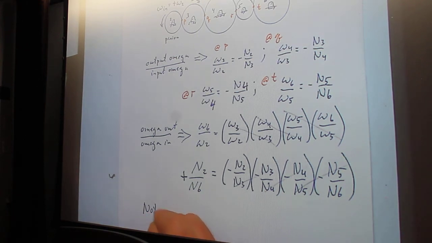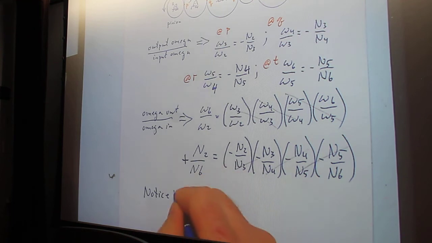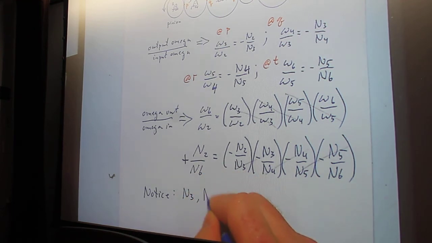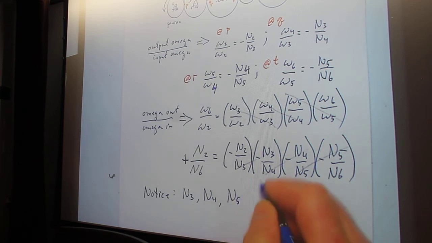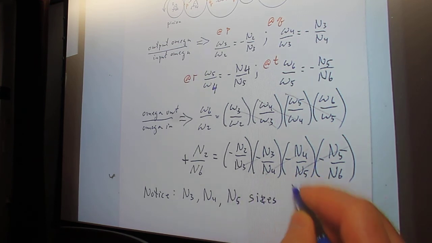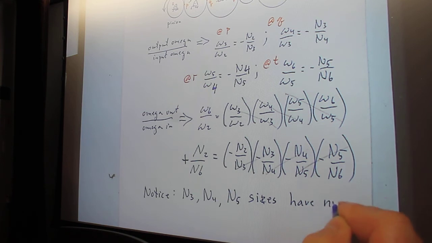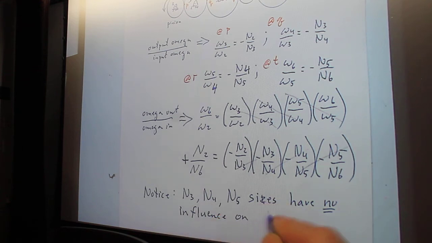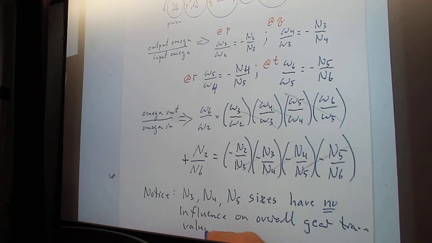Notice N3, N4, N5 sizes have no influence on overall gear train value other than influencing direction.